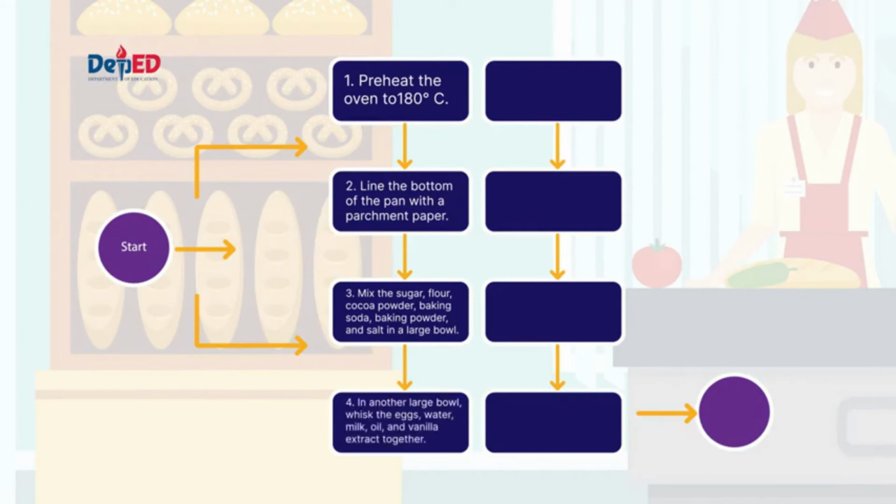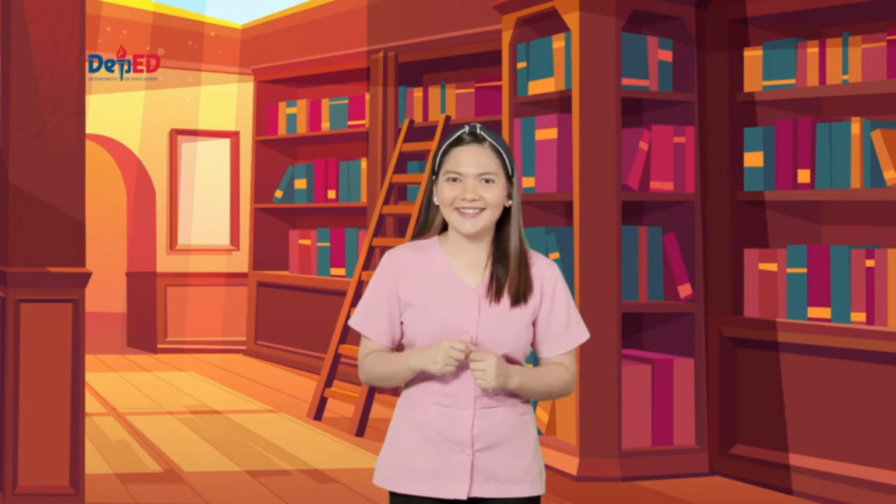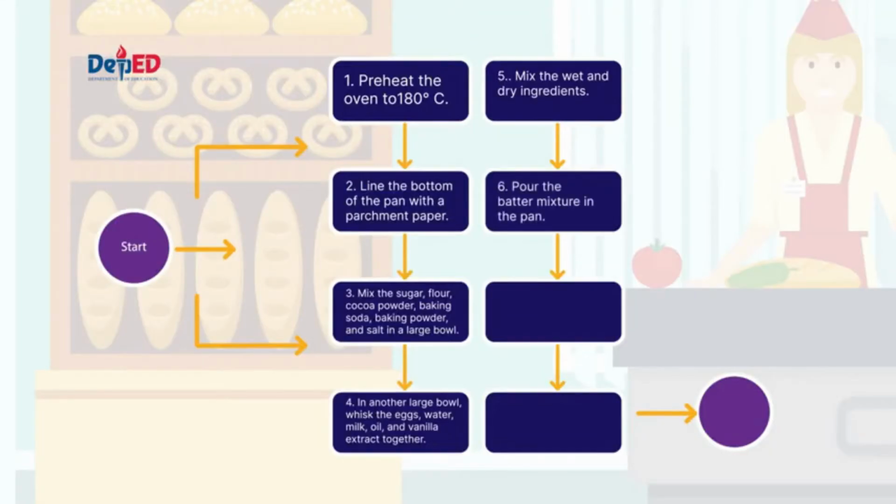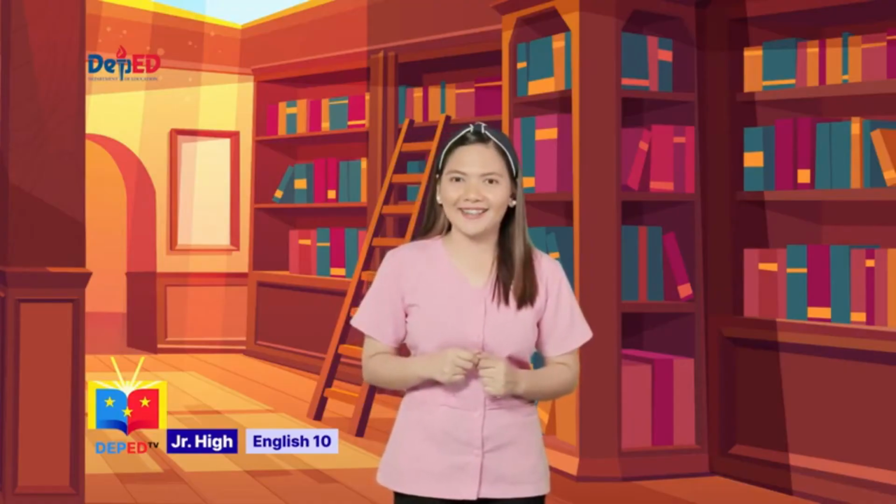In another large bowl, whisk the eggs, water, milk, oil, and vanilla extract together. Add the wet ingredients to the dry ones. Mix until fully combined. Then, pour the batter mixture in the pan. Put it in the oven and bake it for 25 to 30 minutes. We now have a flow diagram that shows the process of baking chocolate cake.